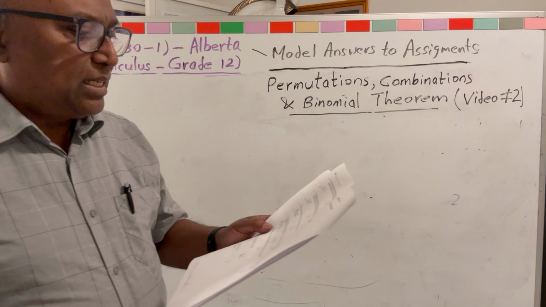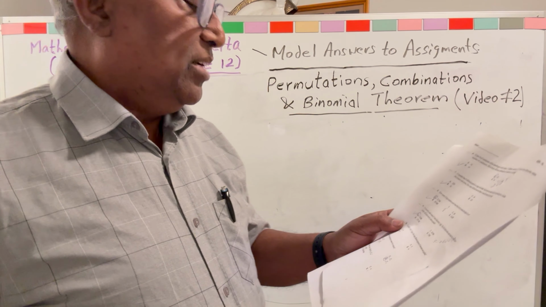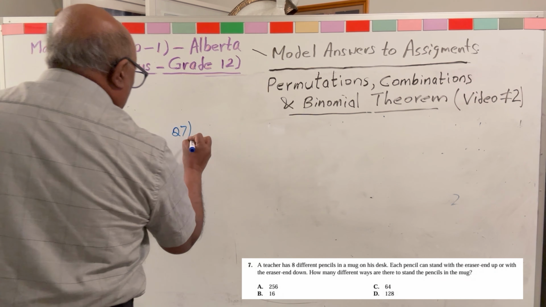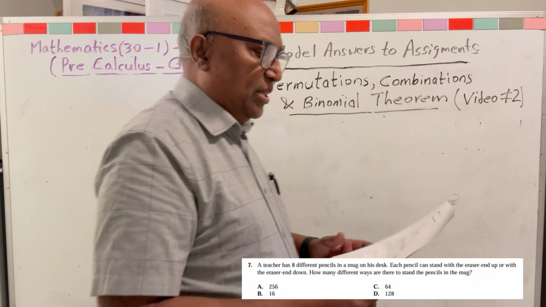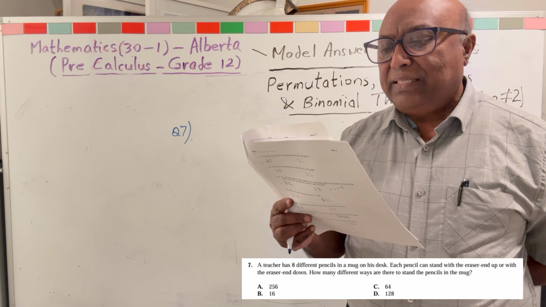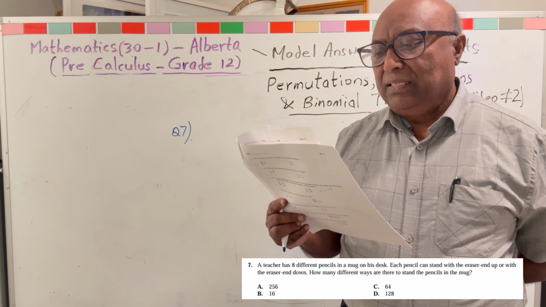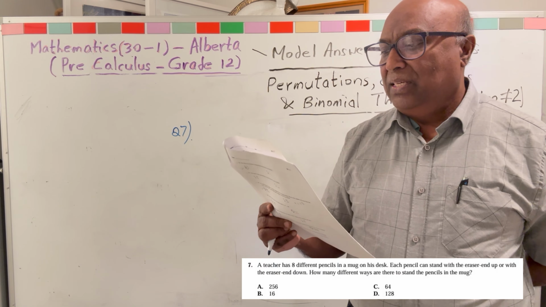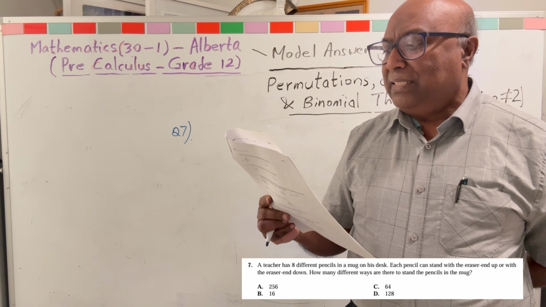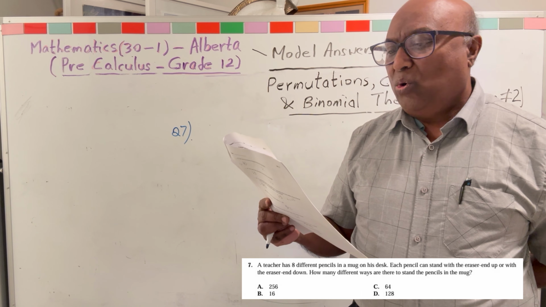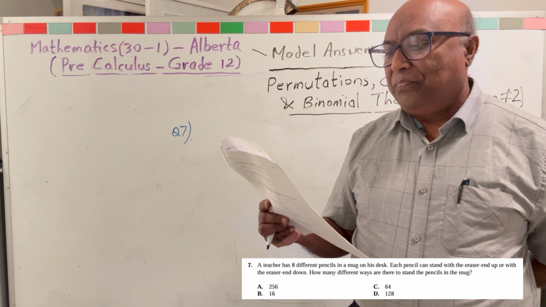Okay, now let's select question number 7. Please read question number 7. A teacher has 8 different pencils in a mug on his desk. Each pencil can stand with the eraser end up or with the eraser end down.